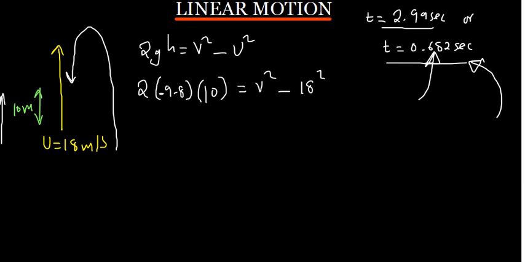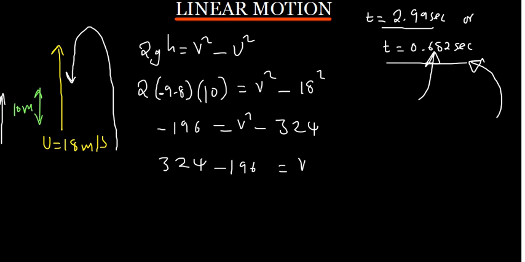So 2 times negative 9.8 times 10 is negative 196, equal to v squared minus 18 squared, that is 324. Taking this value to the other side, it becomes positive 324 minus 196, which is v squared.